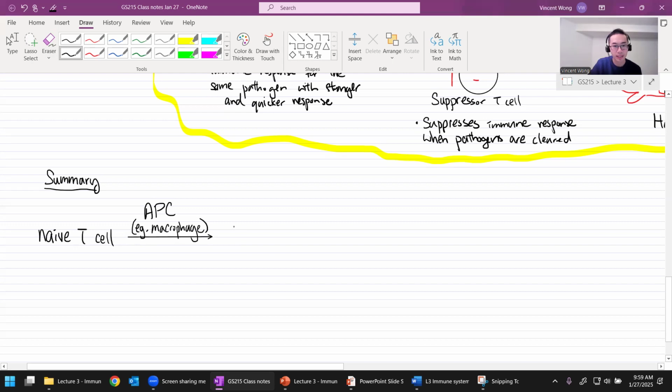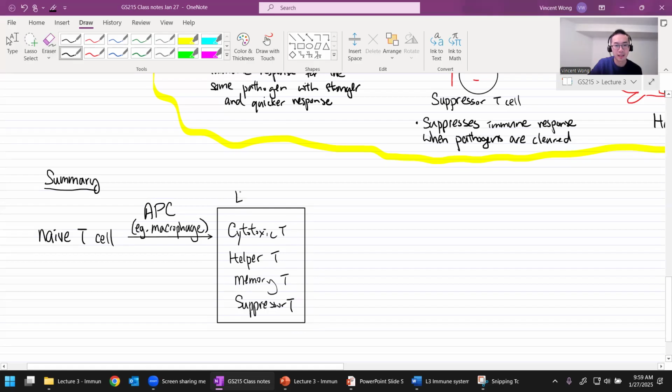the list, right? Cytotoxic T cell, helper T cell, memory T cell, and suppressor. Okay? These are called effector cells. If I ask you which of the following are effector cells of naive T, these are it.